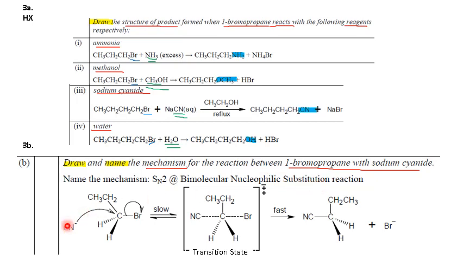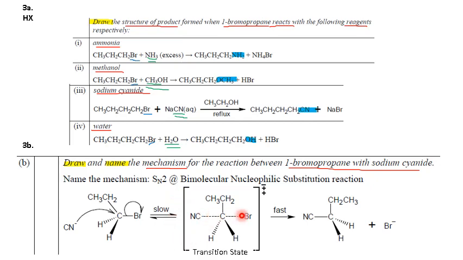The strong nucleophile CN negative attacks the halogenated carbon from the rear end, so this is called backside attack. The bond between C and Br is going to break, and it's a slow step, the rate determining step. From the transition state, here bond breaking, and here bond forming.